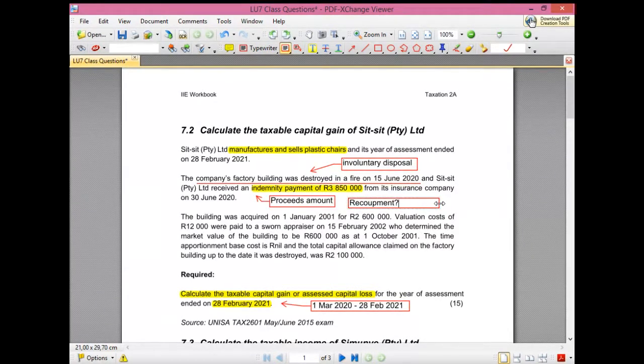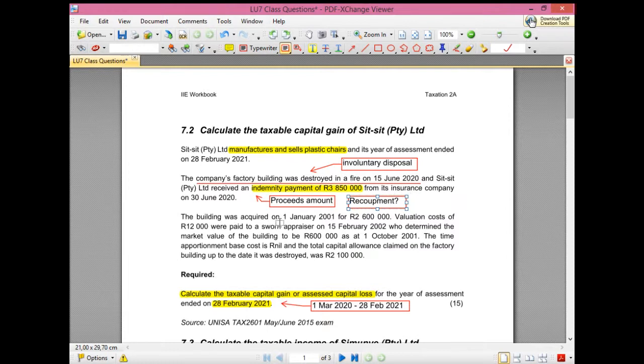Okay, now let's read what other information they give to us. So generally the further information would help you to assess if there might potentially be a recoupment. But as soon as you see a disposal, recoupment should also be flagged.